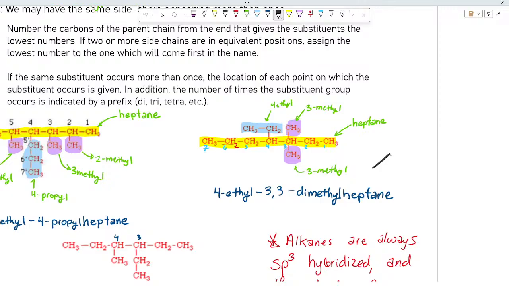So 1, 2, 3, right? Because again, we're not counting lines. This here isn't 2 carbons. This is 3 carbons. 1, 2, 3, 4, 5, 6, 7. And then I would never start counting from the right if I'm drawing it. So it says on carbon 4, what am I putting?